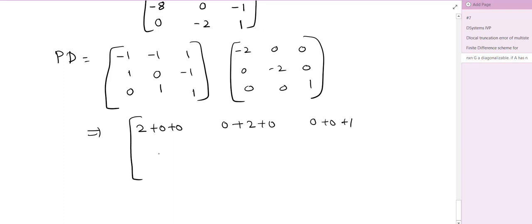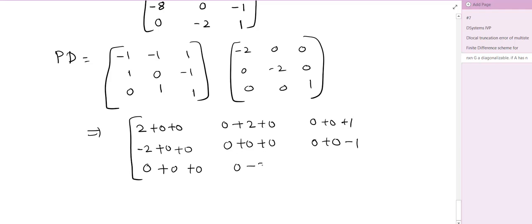plus 0, then this is 0 again, this is 0, plus 0, plus 0, then you have 0, plus 0, minus 1, this is 0, plus 0, plus 0, this is 0, minus 2, plus 0, this is 0, plus 0, plus 1.